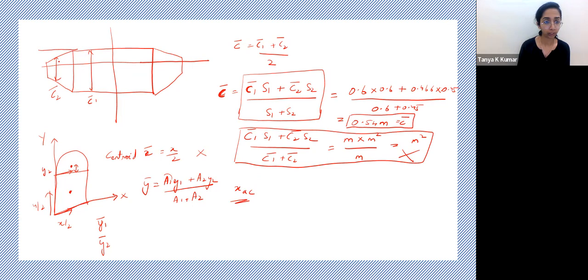Suppose your mean aerodynamic chord was somewhere here. Suppose this is the final value. This is C bar. This was C2 bar. So how do you find out this value? The aerodynamic center is at the quarter chord point, which is here. Correct?